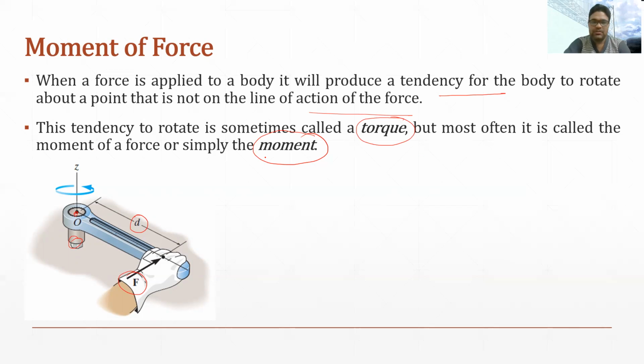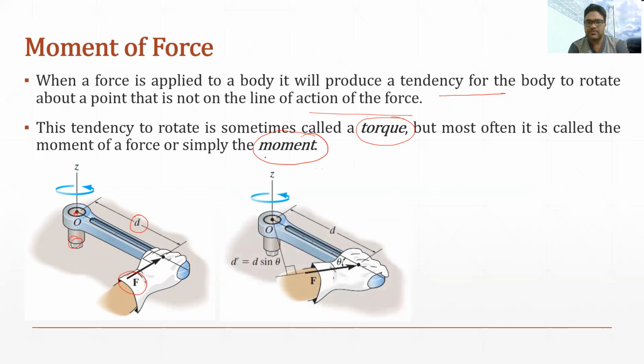Now in the moment, there is another aspect that we need to consider: what is the angle of the force which it makes with the line? The distance is d. So this distance d will be only when the angle of the force is 90 degrees, like it is showing the angle theta.